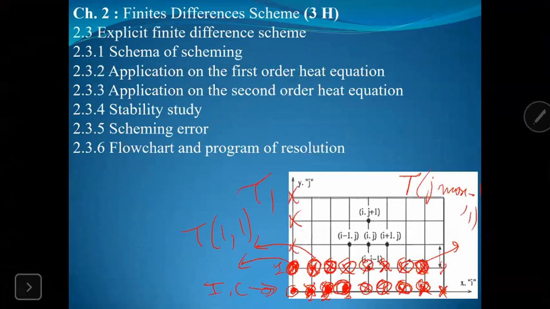And all the points here are T0. Then this line here and this line here are determined from the boundary conditions.